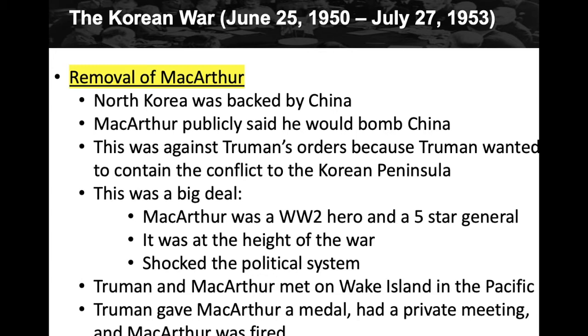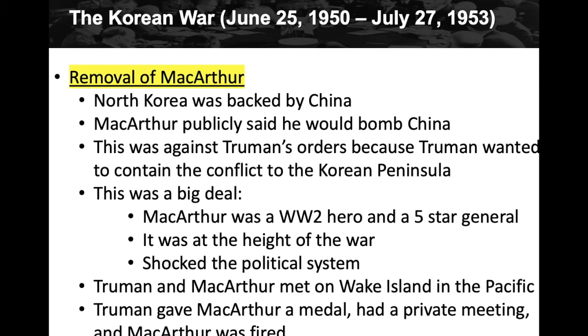And this really became a big deal because of who was in play here. MacArthur was a World War II hero in Japan, and he was also a 5-star general. Now, in the U.S. military, the highest that most officers go, if they go this high, would be a 4-star general.